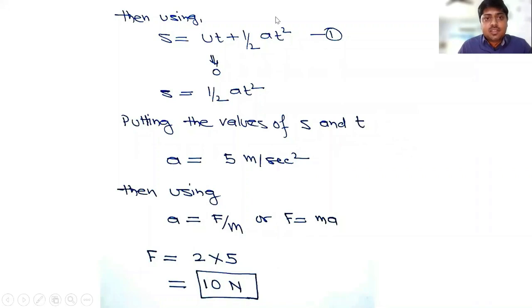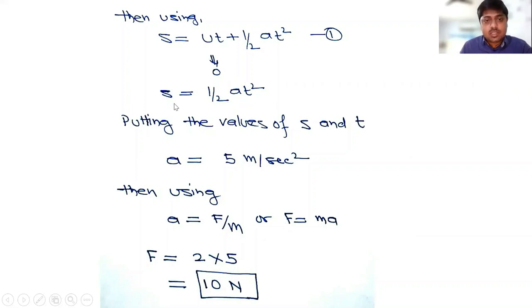For this, let's start with the equation which tells us about the distance in terms of velocity, time, and acceleration. That is, s is equal to ut plus half at square. We know that the initial velocity of the body was 0, so the first term here will be 0 and we are left with the second term only.